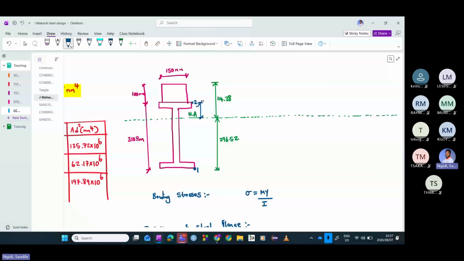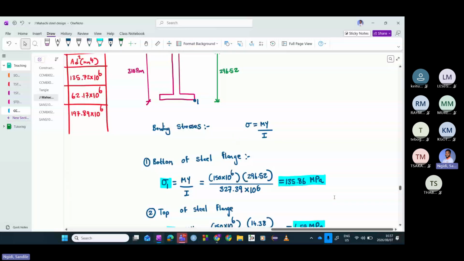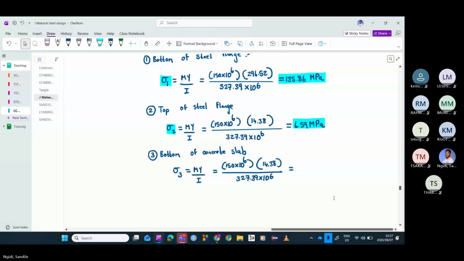I know someone is saying, so now Sandila, why are you calculating the stress again if it is in the same position? Are we going to get the same answer? Nope, sir. We are not, because we have to multiply this one by 1 over 8.